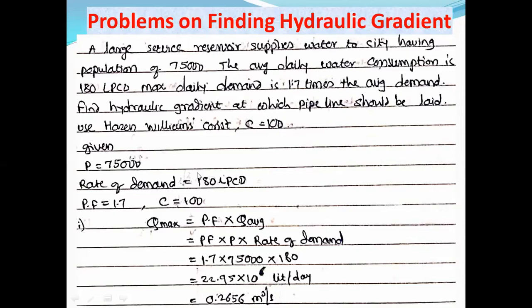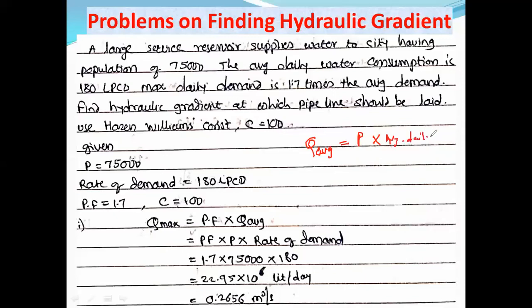Peak factor is equal to 1.7 and C is equal to 100. It is given. Now we want to find the maximum discharge. Before that, let us find the average discharge. Q average is equal to population multiplied by average daily consumption.